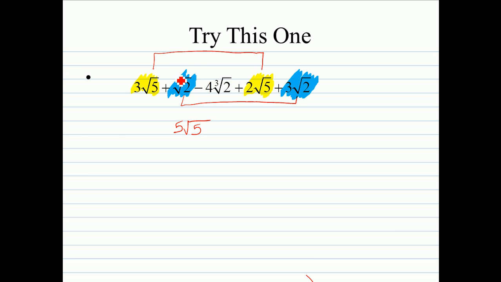And for the square root of 2, remember, just like if you have x, there's an imaginary 1 in front of it. It's the same thing here. You have just square root of 2, there's a 1 right there. So that means that the square root of 2 plus 3 times the square root of 2 is going to be 4 times the square root of 2. And then we're just left with 4 times the cube root of 2 right here. And that should be our final answer in this case.